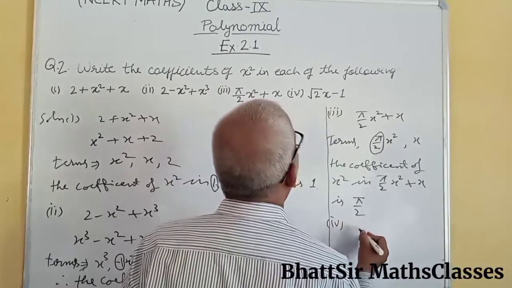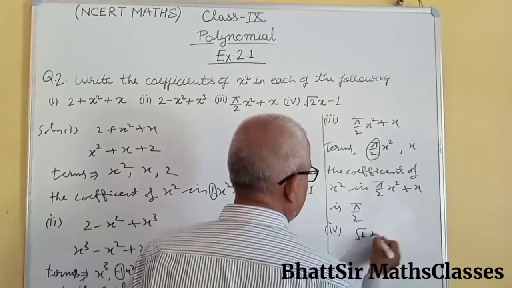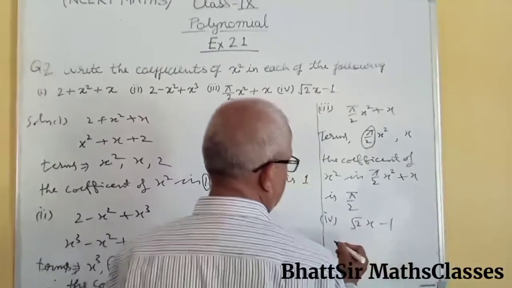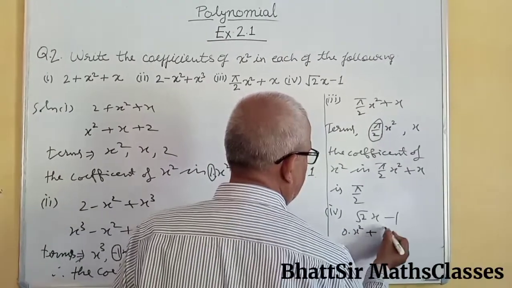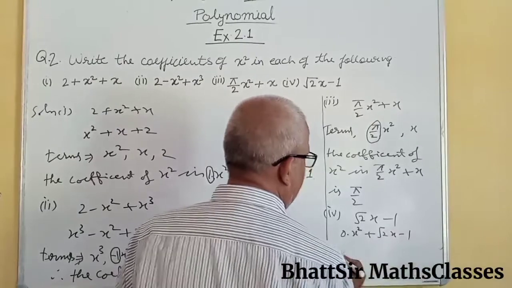Fourth part, root 2x minus 1. We can write it in this manner: 0 into x square plus root 2x minus 1.